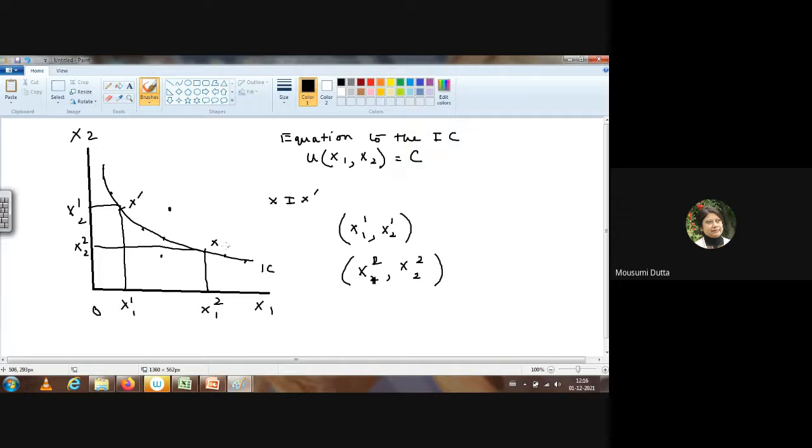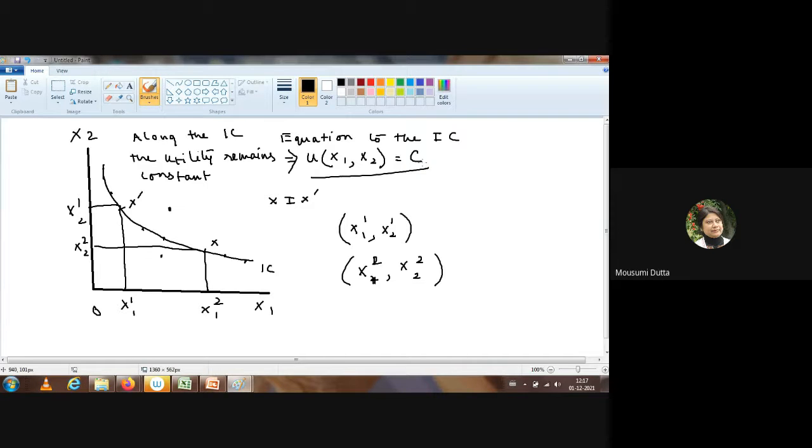That means along the indifference curve, the utility of the consumer remains constant. So mathematically, if I want to capture this idea, it should be presented by an equation given by u of x1, x2 is equal to an arbitrary positive constant, say C.